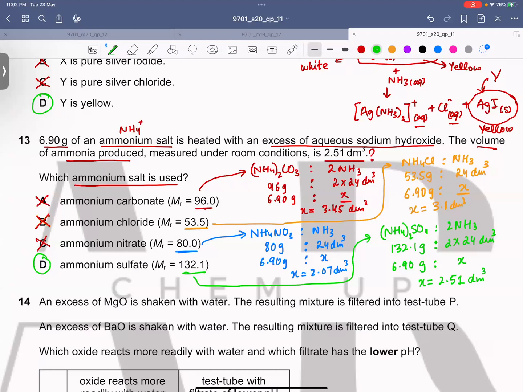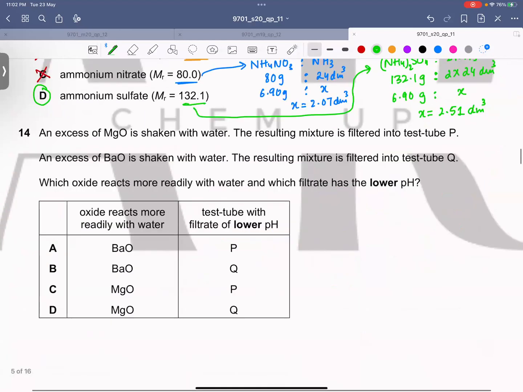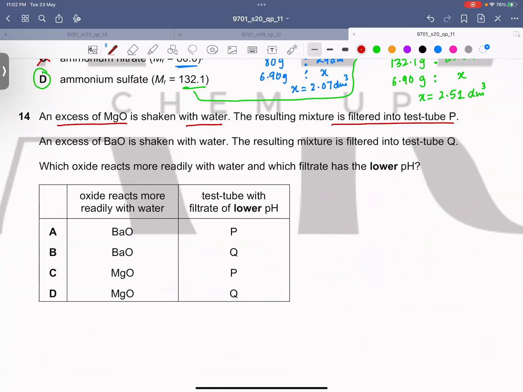Now, question number 14. An excess of magnesium oxide is shaken with water. The resulting mixture is filtered into test tube P. An excess of barium oxide is shaken with water. The resulting mixture is filtered into test tube Q. If you recall, the solubility of group 2 oxides and hydroxides increases down the group. So here it is less soluble, and in test tube Q, the barium hydroxide that is formed is actually more soluble.